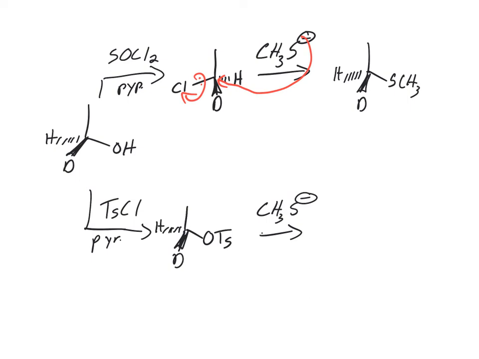So a tosyl is, of course, this, and this is the part that's attached to the oxygen. Really good leaving group. Now in this case, we added a nucleophile. Again, we do SN2. But you see, this whole route only involves one SN2.